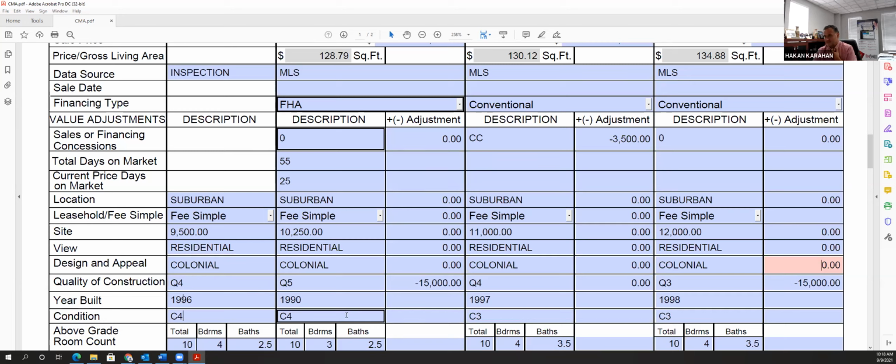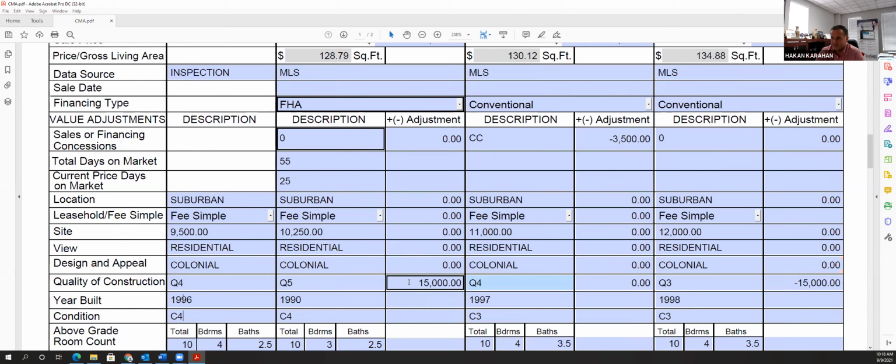On the adjustments, on the quality of construction? Anybody? All right. So in here, instead of giving $15,000, I took away $15,000. So this needs to be plus, since the quality of comp 1 is worse than the subject property.